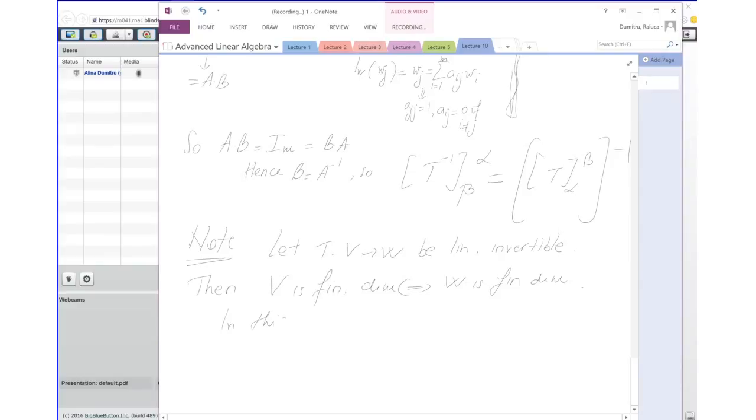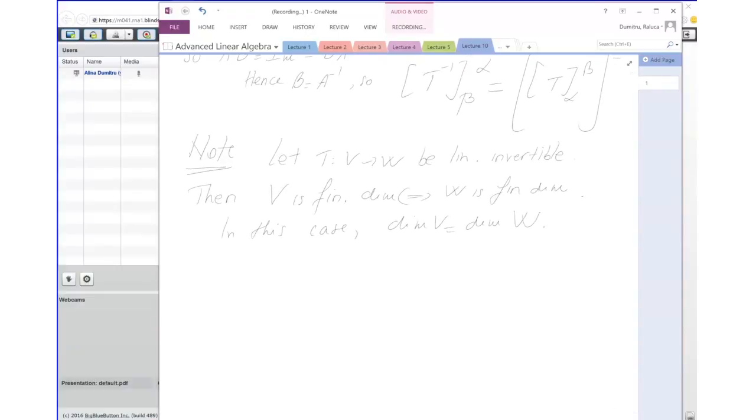In this case, they must have the same dimension. So what is this saying, in fact? There is no way I can have an invertible transformation between a finite dimensional space and an infinite dimensional space. Okay, that's the first idea. So they must be both finite dimensional. If they are both finite dimensional and I have an invertible transformation, it's exactly as we noticed above, the dimensions must be the same. Okay?